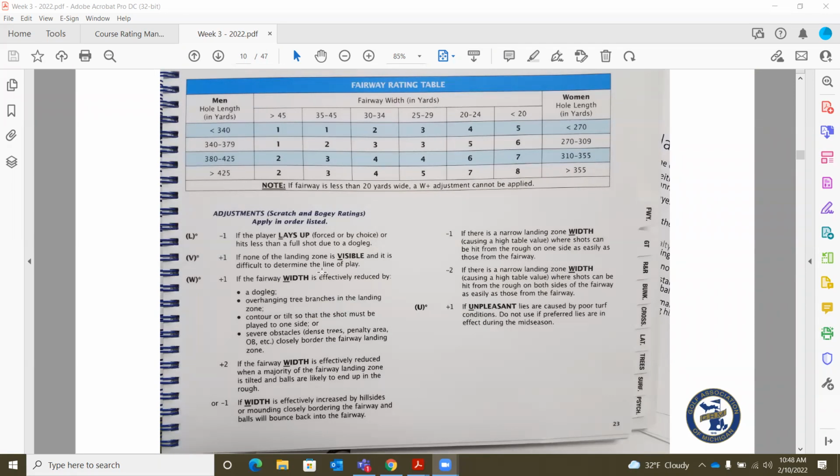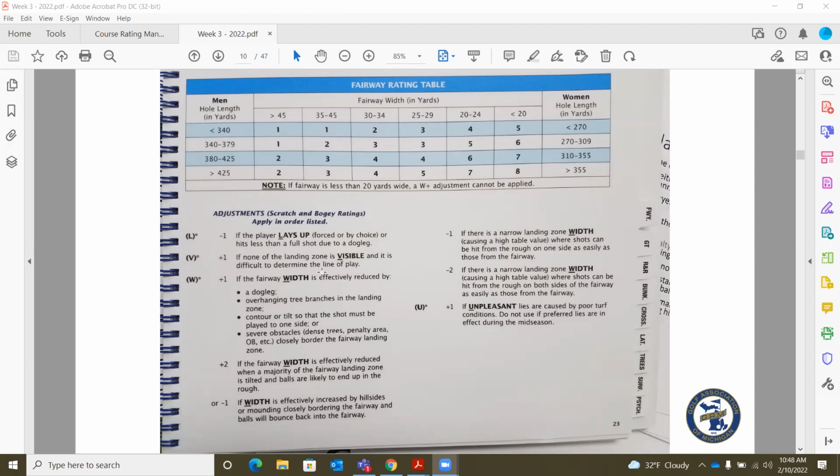So you might have a hole where you can't see your landing zone, but because of the way the hole is carved out of trees, you can tell that it doglegs to the left, or it goes just straight away based on the trees. In that case, you wouldn't have a V adjustment. But if you can't see your landing zone, and it's difficult to determine the line of play, then you would have that V adjustment.